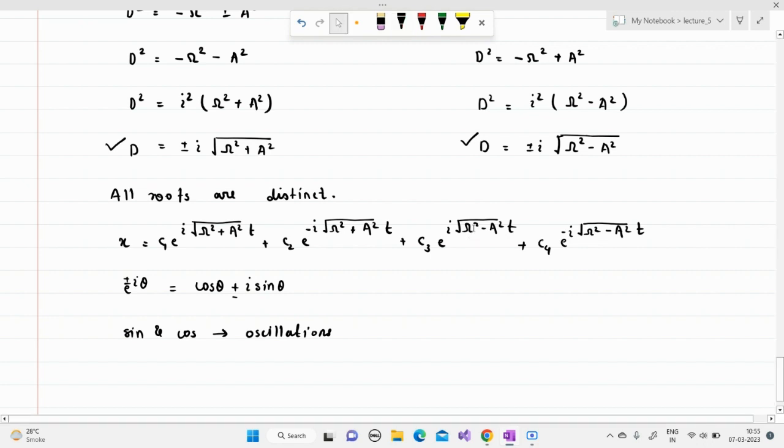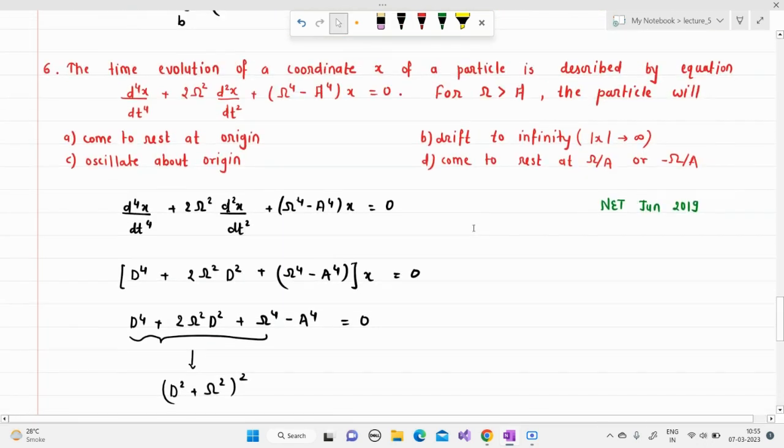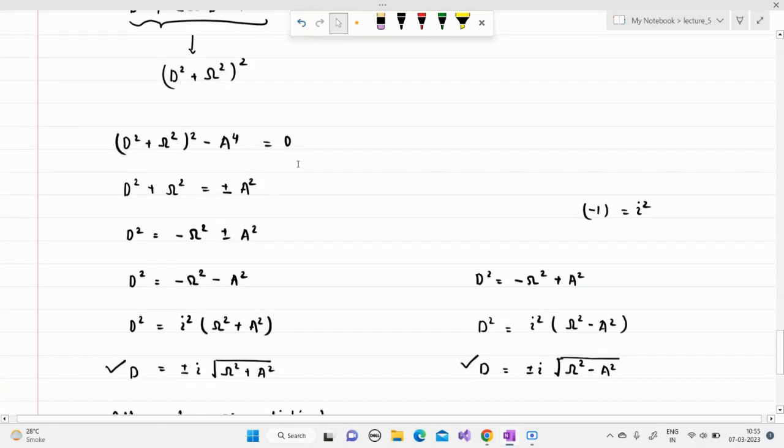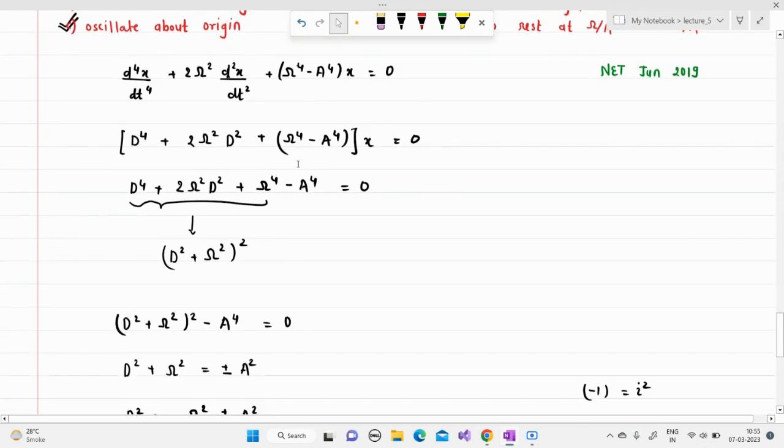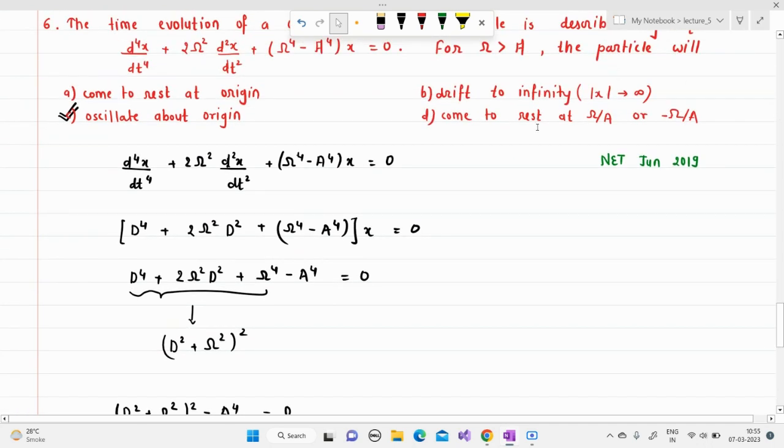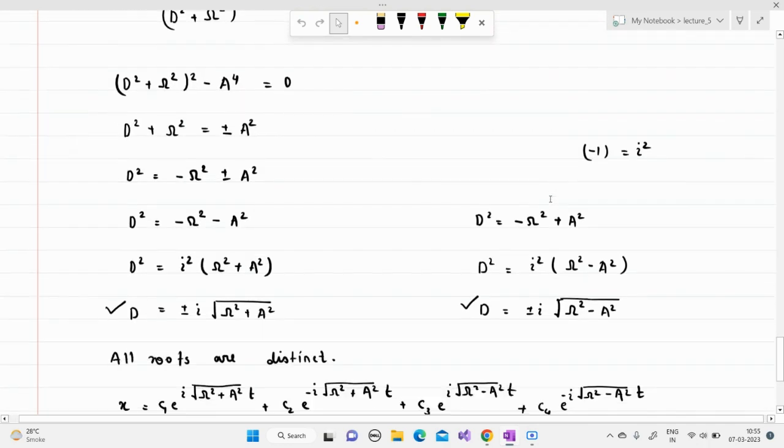Okay. So now if you see the options, you will get option C as oscillating about origin. So it is the right answer. Okay. So see how simple it was, the question which was asked in the NET exam. It is as simple as that.